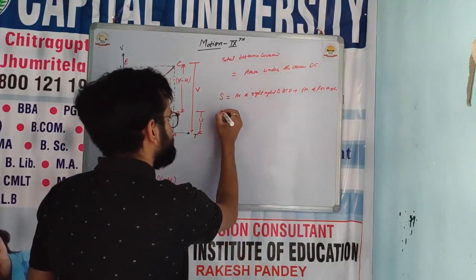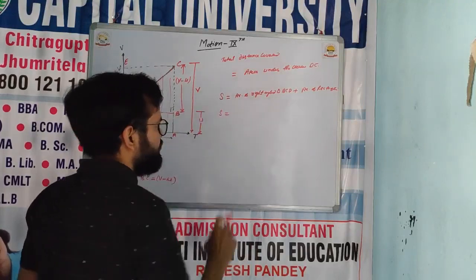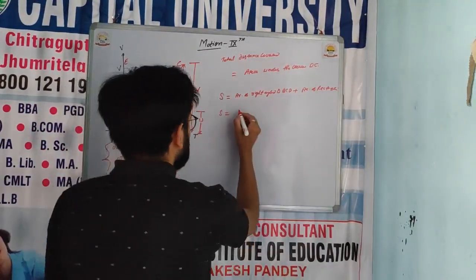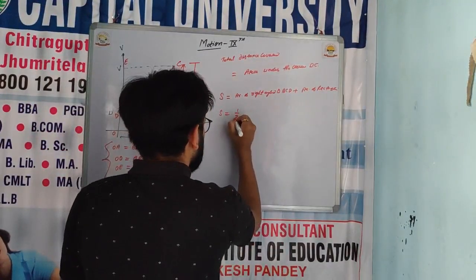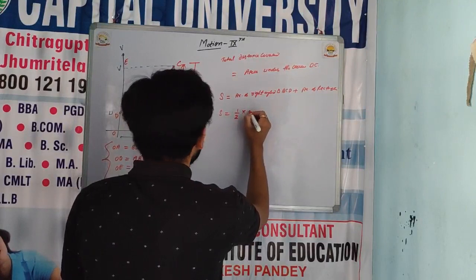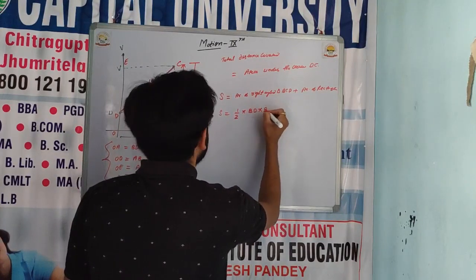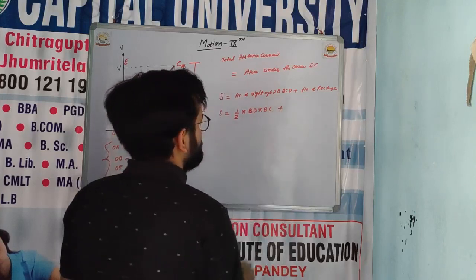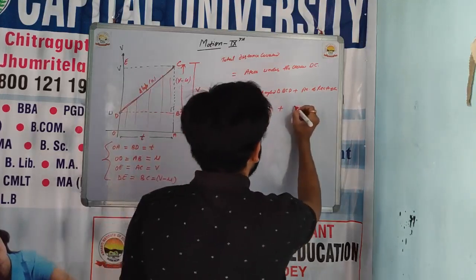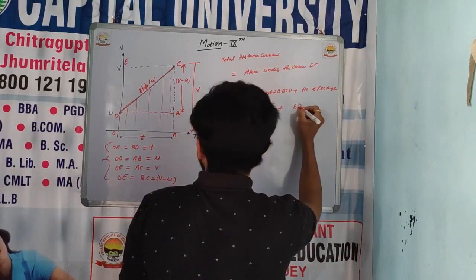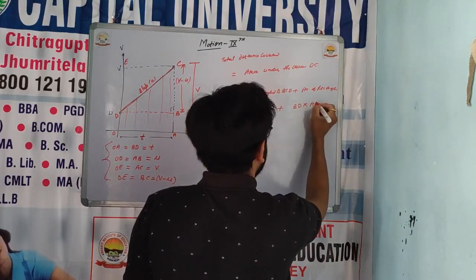So distance S equals area of right angle triangle. All of you studying mathematics know it is 1/2 base into height. So we can write here 1/2 into base BD into height BC plus area of rectangle, length into breadth. So we can write here BD into AB.